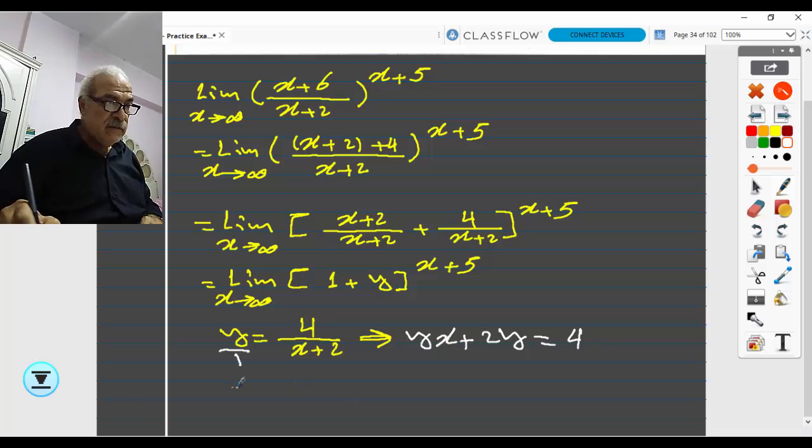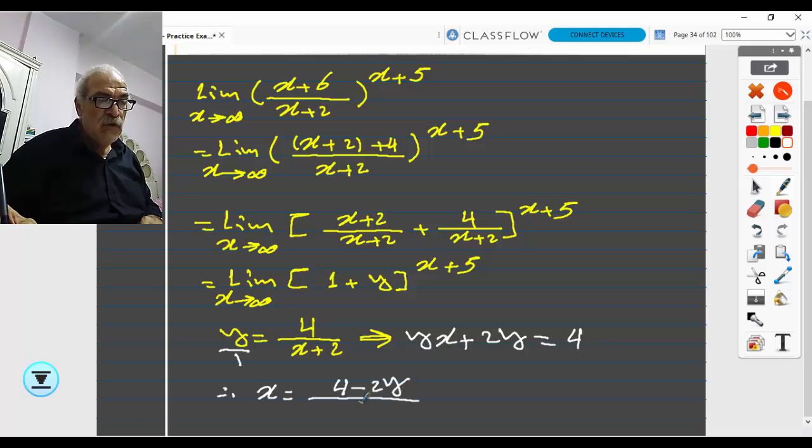And from that, we can write x equals (4 minus 2y) all over y. That is 4 over y minus 2y over y, which equals 2.